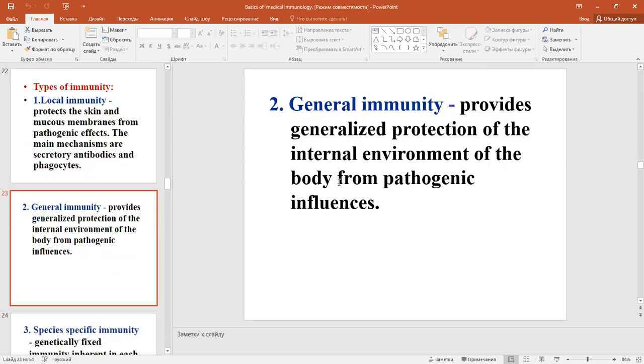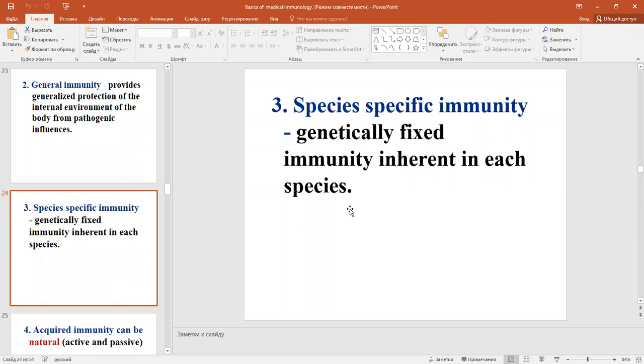General immunity provides generalized protection of the internal environment of the body from pathogenic influences. And species-specific immunity is genetically fixed immunity inherent in each species. For example, human beings belong to the species Homo sapiens, and we have species immunity to some pathogens of plants.